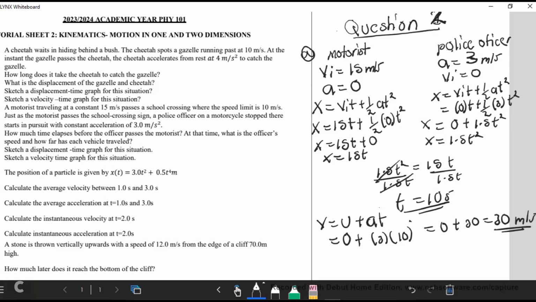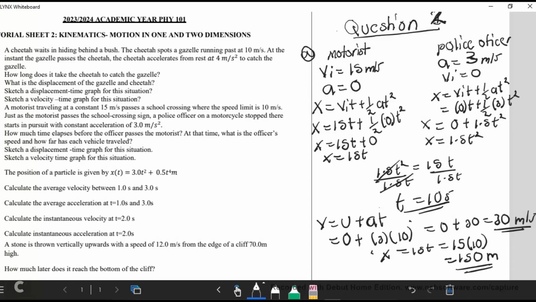And then, how far has each vehicle traveled? So how are you going to calculate that one? Now here you just take the same equation, 15t, then wherever the t is, you replace it with 10, such that the displacement comes up to be 150 meters.